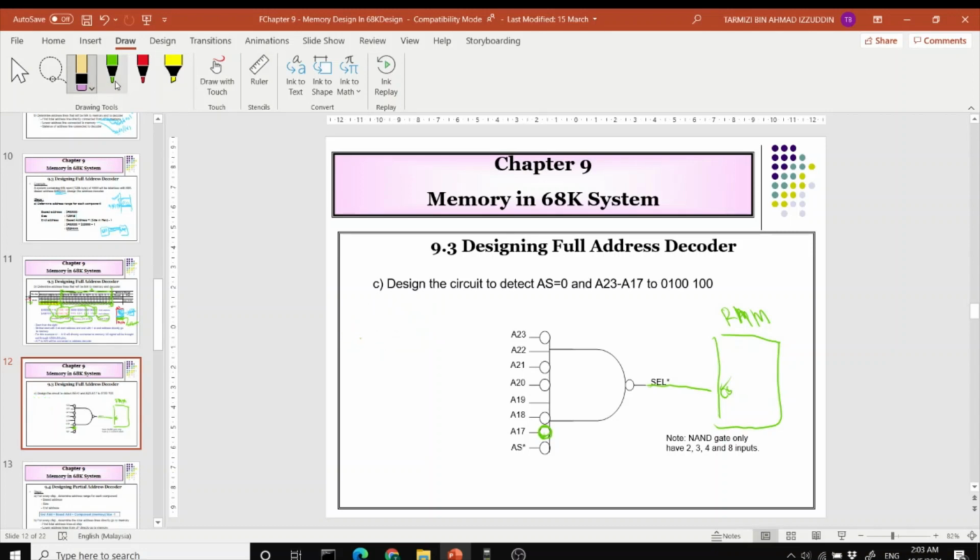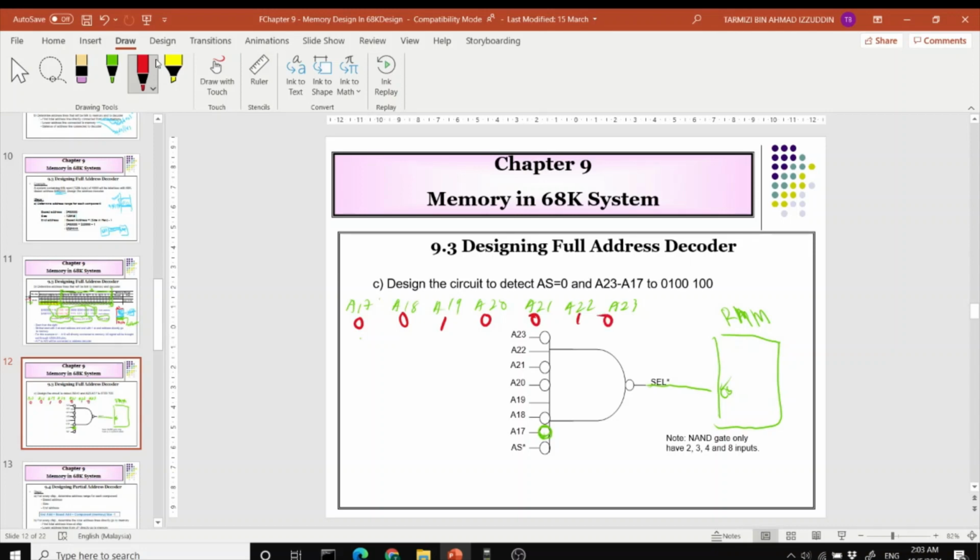So we have A17, A18, A19, A20, A21, A22, and lastly A23. So this is 0 0 1 0 0 1 0.